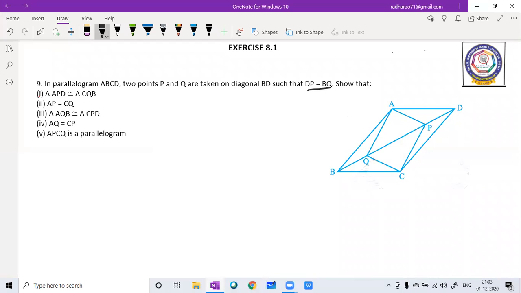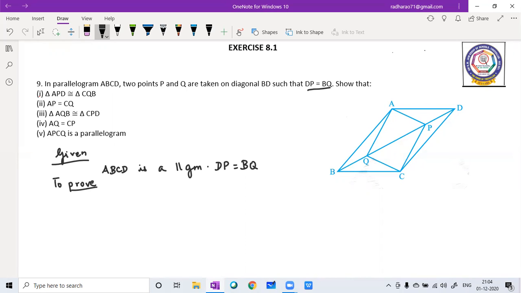So to prove the first one, before that we have to write what is given in the question. ABCD is a parallelogram, and points P and Q are taken on the diagonal BD such that DP is equal to BQ. And you have to prove the following things.